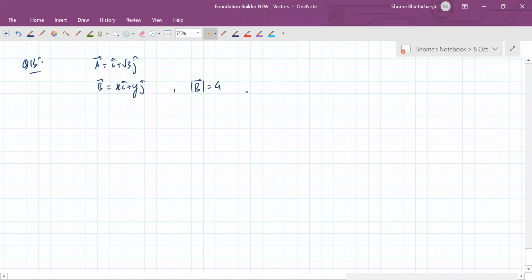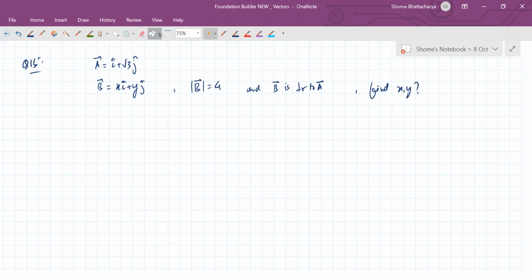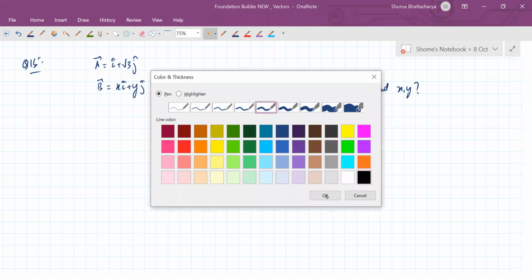Okay, and B is perpendicular to A. So from this we have to find x y. Okay, so the easiest way to understand this is think of this geometrically first. Visualize the problem.